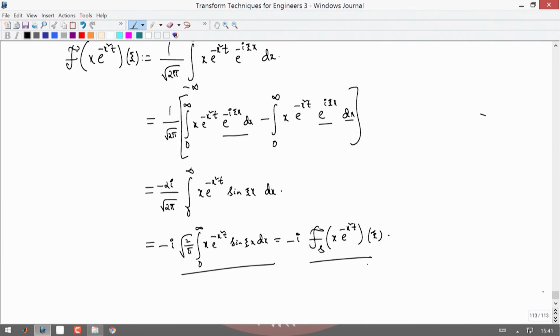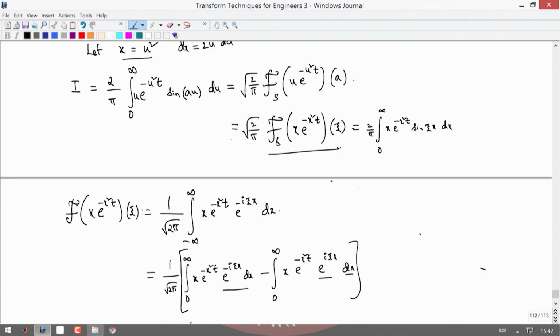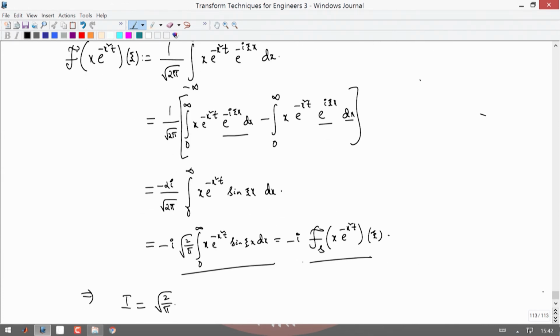So, this implies I is root 2 by pi times Fourier sine transform. I replace the Fourier sine transform from this, and when you bring it to this side, you have I times Fourier transform of x into e power minus x square t as a function of xi, which finally is I root 2 by pi times 1 by root 2 pi.